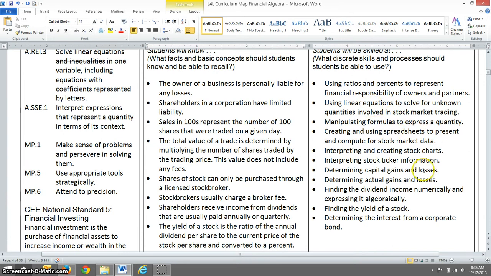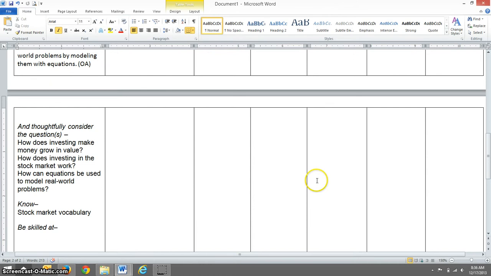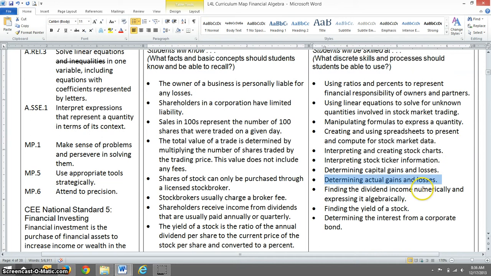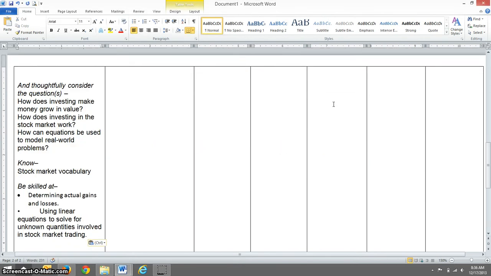So first is I want them to determine the actual gains and losses, because they're going to do that in this particular module. And then I want them to use linear equations, so it's this one. So notice I'm choosing only the targeted ones for this performance task.